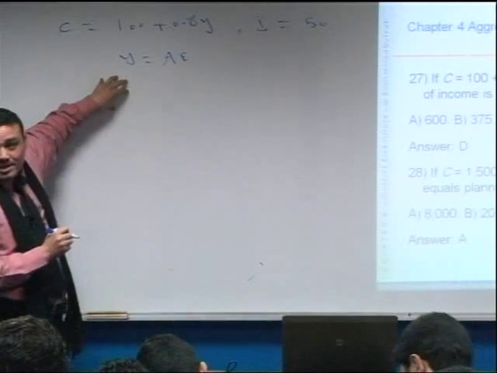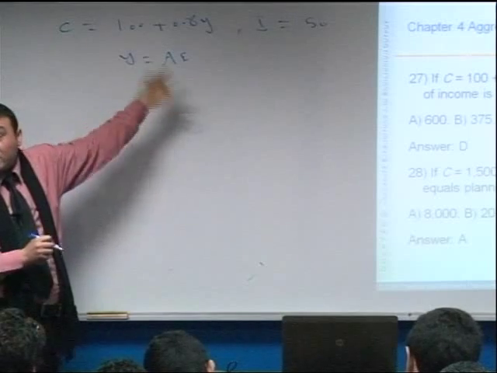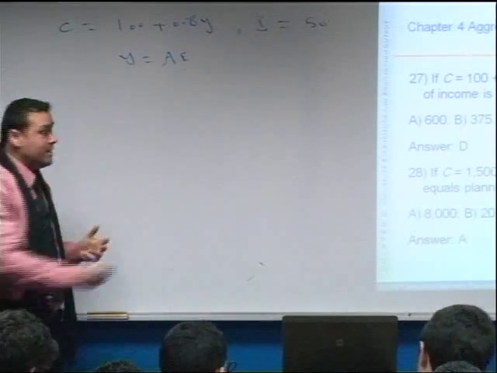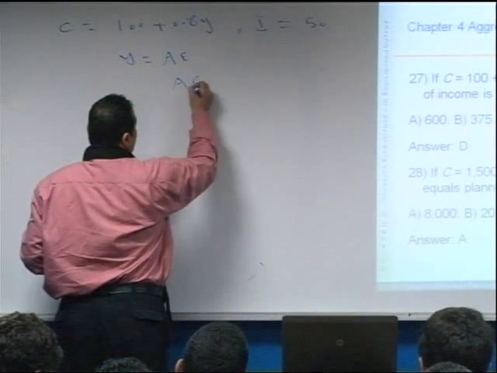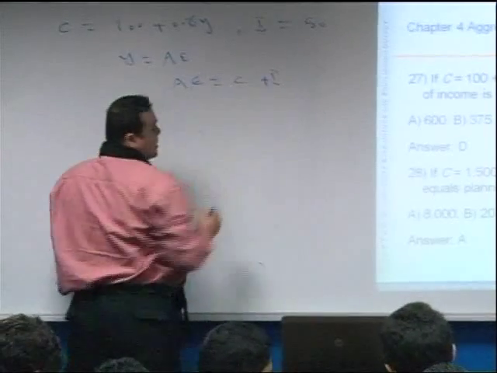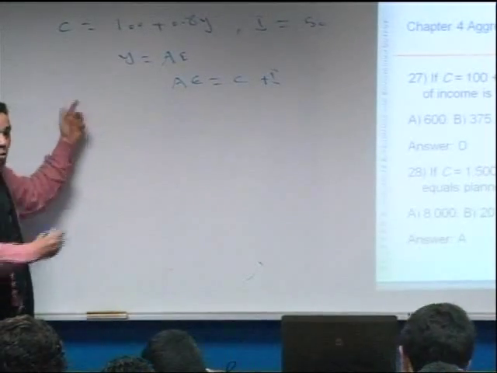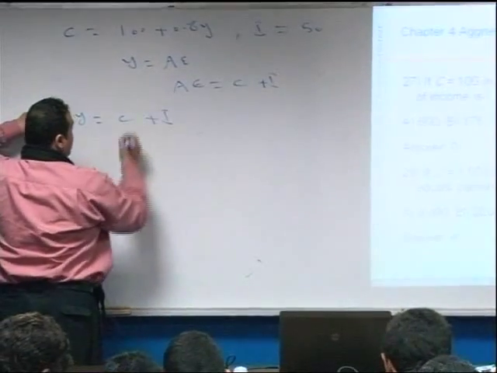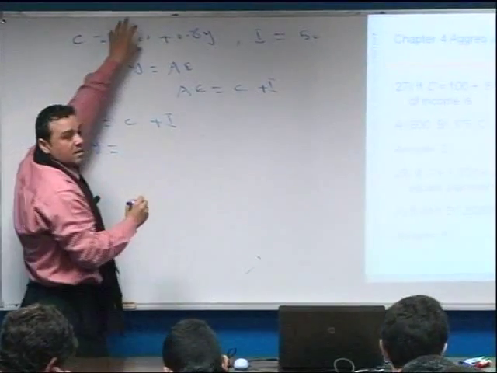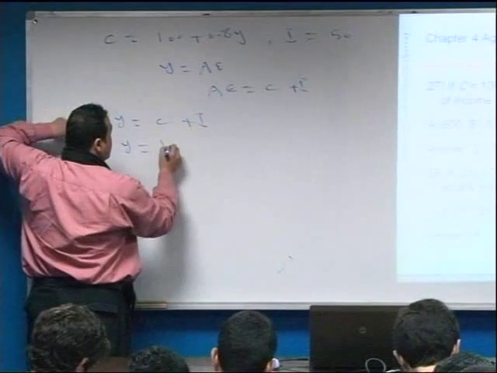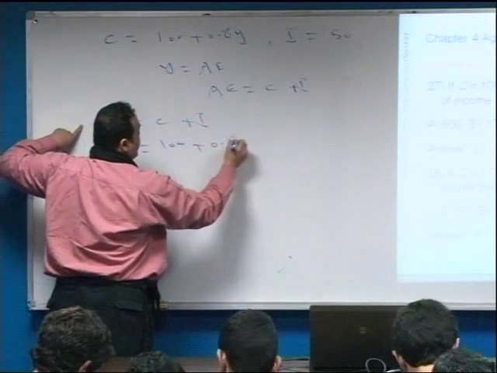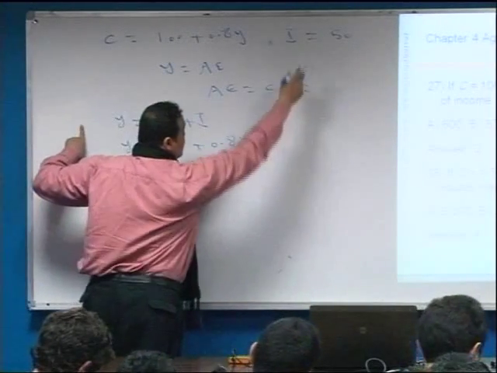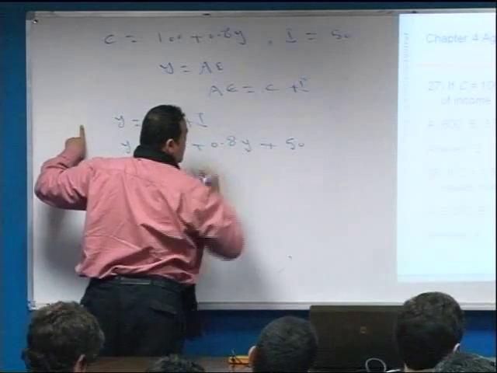The aggregate output equals the aggregate expenditure, and without a government the aggregate expenditure equals C plus I. So at equilibrium, Y equals C plus I, or by direct substitution, Y equals 100 plus 0.8Y plus the planned investment, 50.